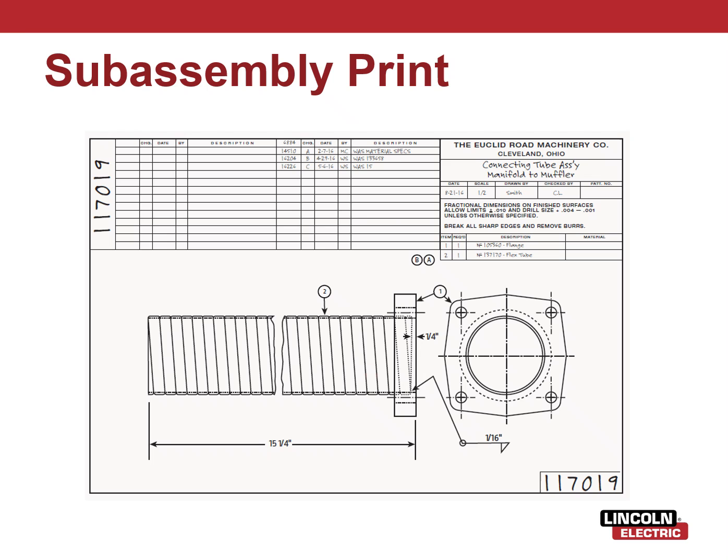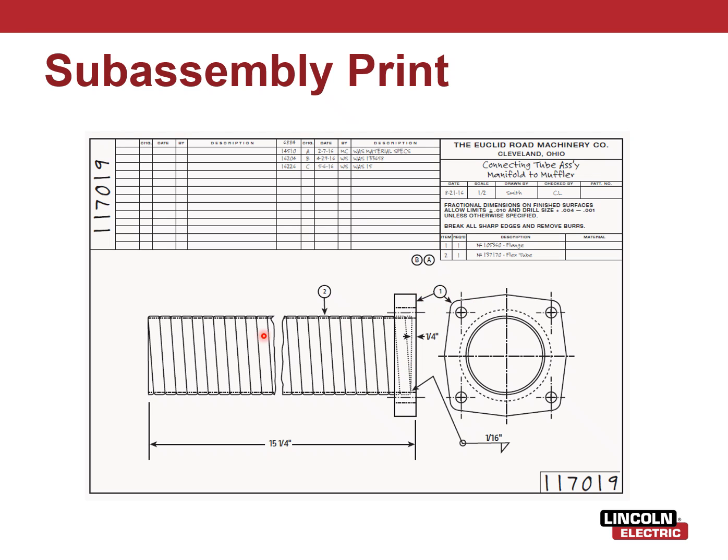So here's an example of a sub-assembly print. So this is a couple pieces, okay, components put together in a sub-assembly that will go on to another assembly. All right, this is a connecting tube assembly, manifold to muffler. So this is a piece of exhaust, and you can see right here you've got this note with the leader lines.